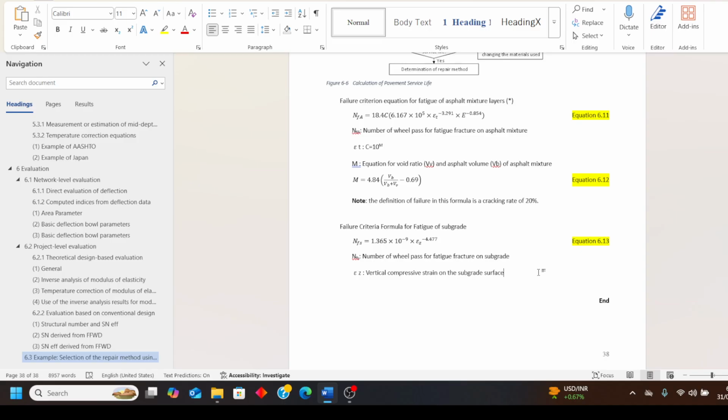Further, using these equations, we calculate the service life, which includes the asphalt and subgrade rating. And then this is further employed in the repair method selection.